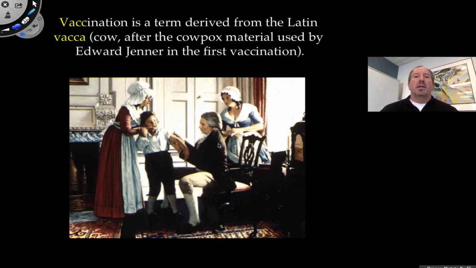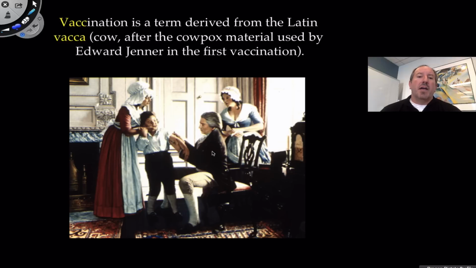You may know that smallpox was an absolute lethal killer, and it was highly contagious. Individuals developed pus-filled bumps on their skin. These pox were really dangerous, and smallpox killed millions of people.